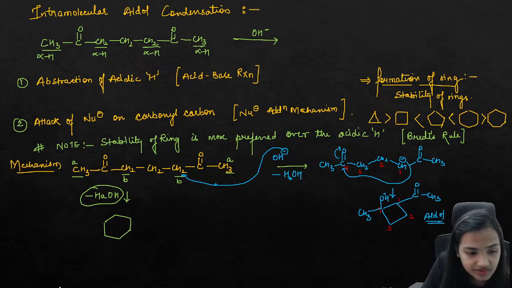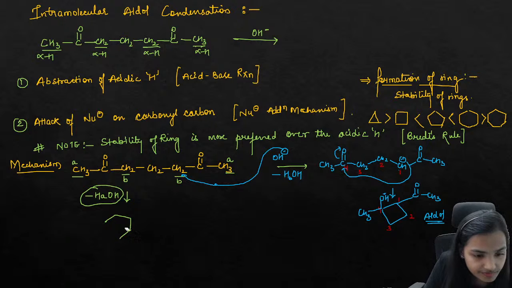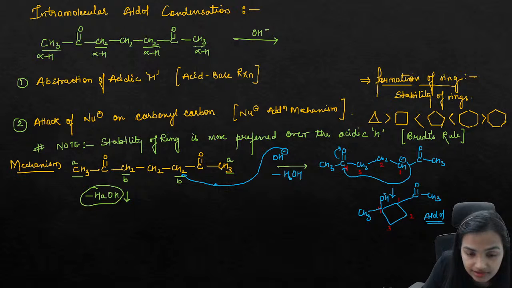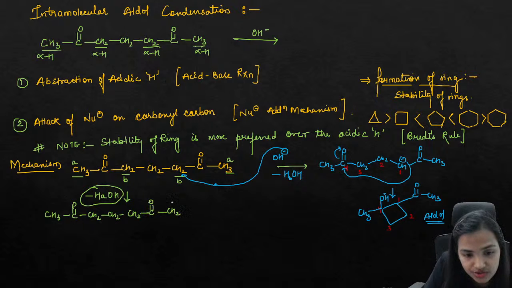So when I have taken this A, I will be getting CH3, C double bond O, CH2, CH2, CH2, C double bond O, CH2 negative.